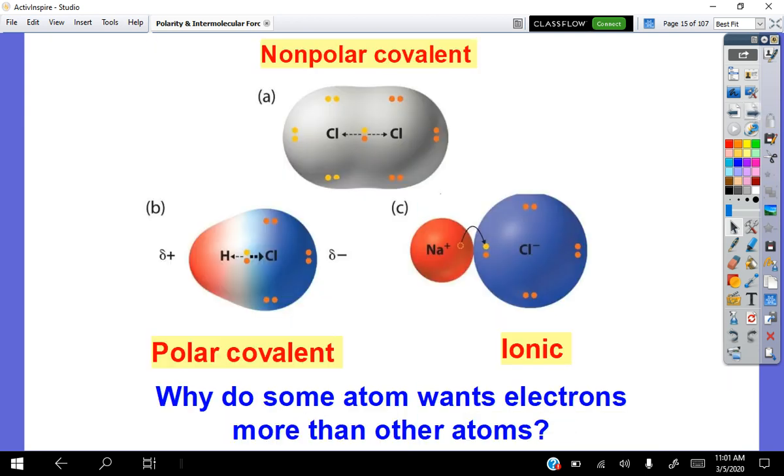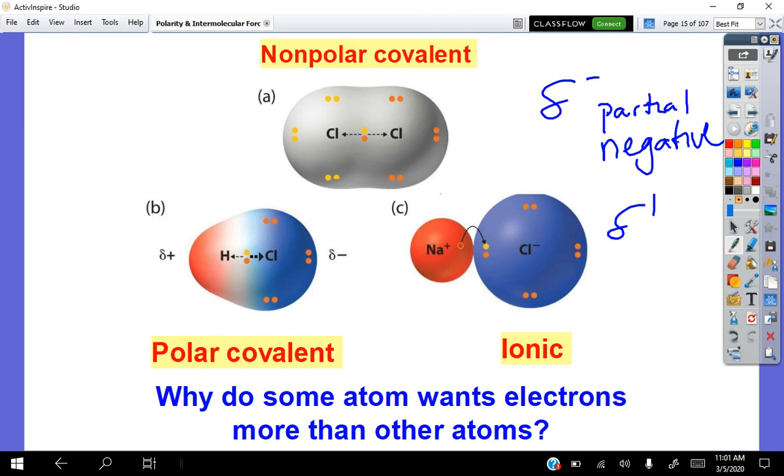Part of the way we represent these is that we use the Greek lowercase letter delta, and we use that to represent a partial. So we have a partial negative, or we've got a partial positive. So those two symbols we see here and here.